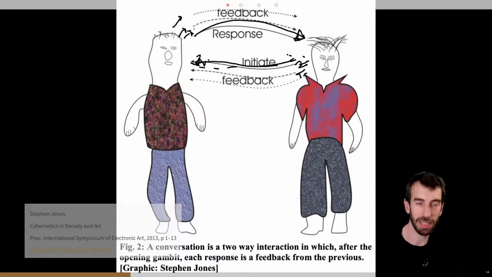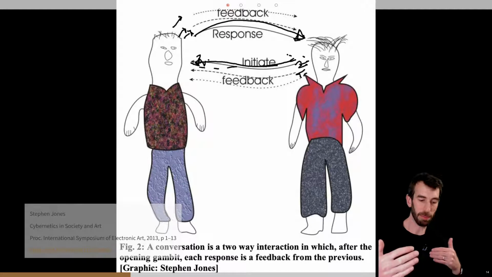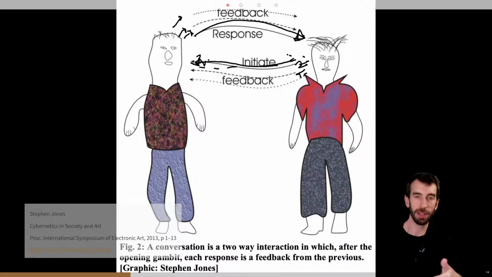So interaction is not just about reacting in a very predictable way to one action from another actor or another person or another computer.